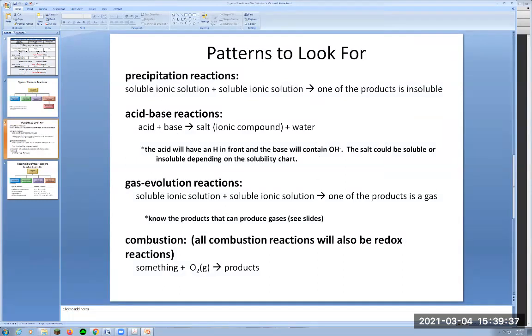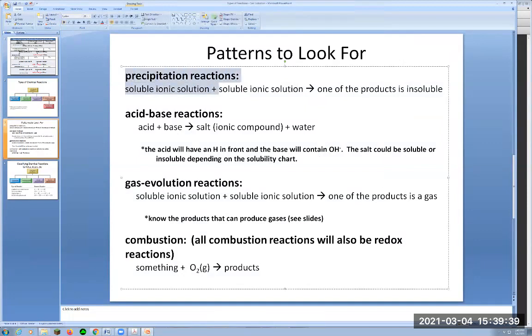To recognize a precipitation reaction, you want to find that one of the products is insoluble, and you have to start with soluble ionic solutions mixed together. So from two solutions, do we get a solid? No, we didn't, because we have only a soluble product. So this is not a precipitation reaction.